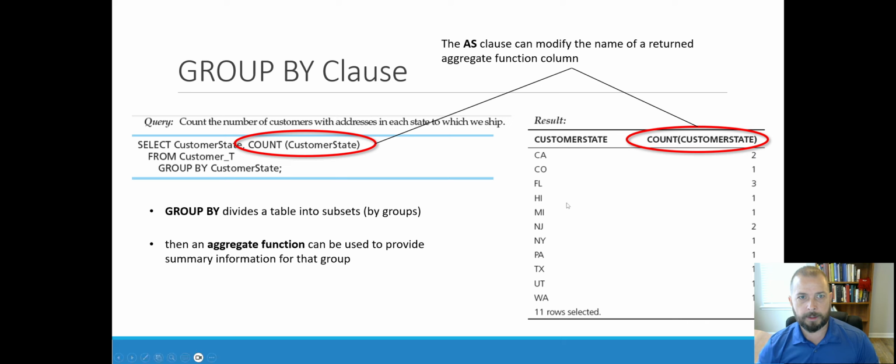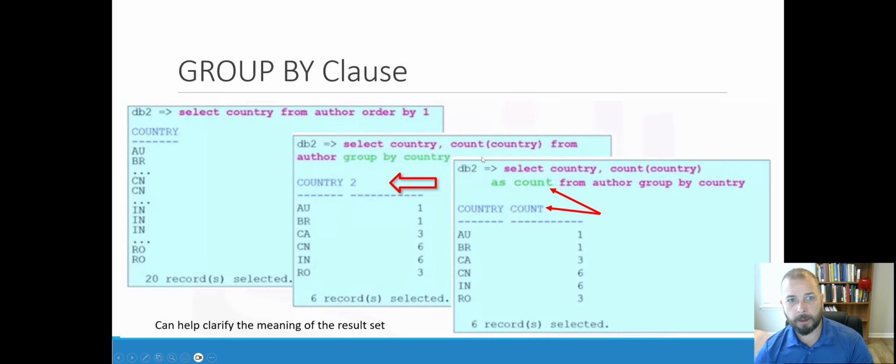Oftentimes, you don't want it to return back something like the count of the customer state. Maybe you want to make it more readable and understandable. Maybe you're printing this out for a boss, whatever it is, and so you want to rename this column heading. You want to rename what this column is. And so you can use the as clause to modify the name of what this aggregated, or whatever this function column is.